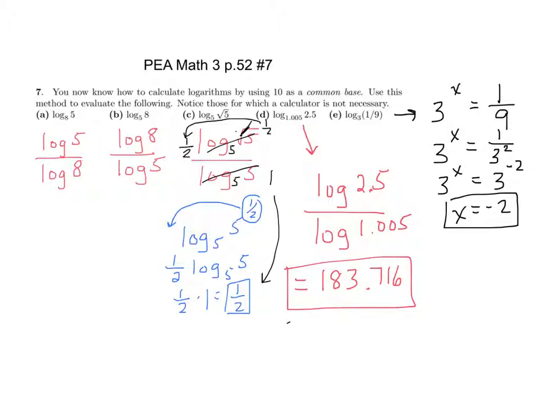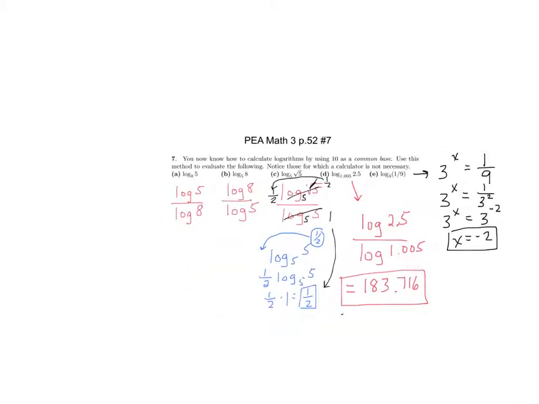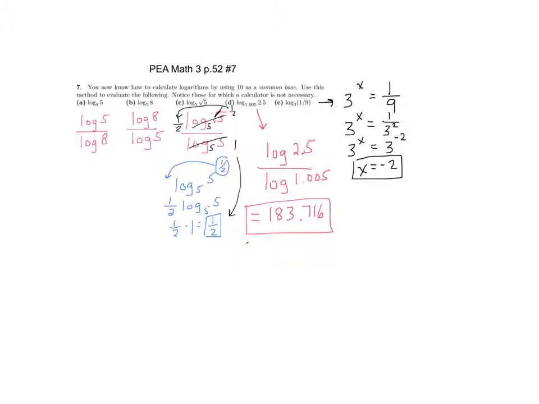Another way you could do it is, let's go with what we would usually do: log of 1/9 over log 3. With a calculator, I can keep it in base 10, and I should get negative 2. But without a calculator, I want to change it to a base that's going to be common and work with both of them. So I would use base 3. So I'd change this to base 3.